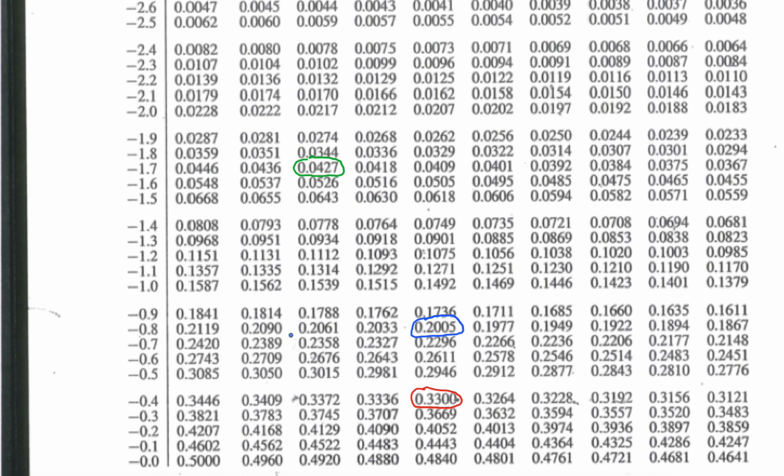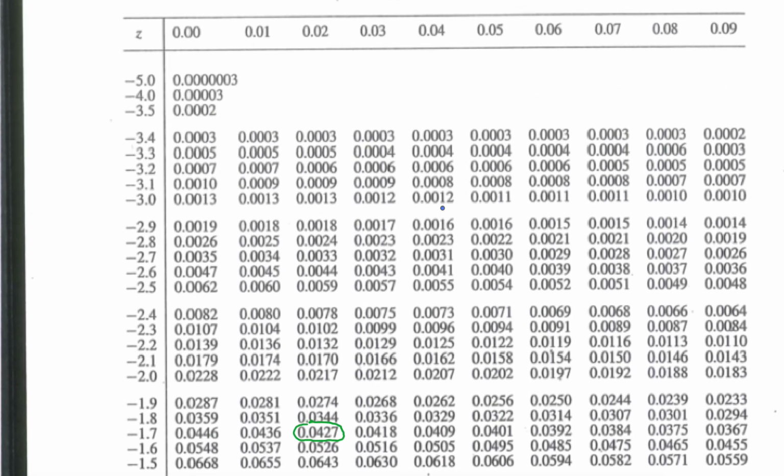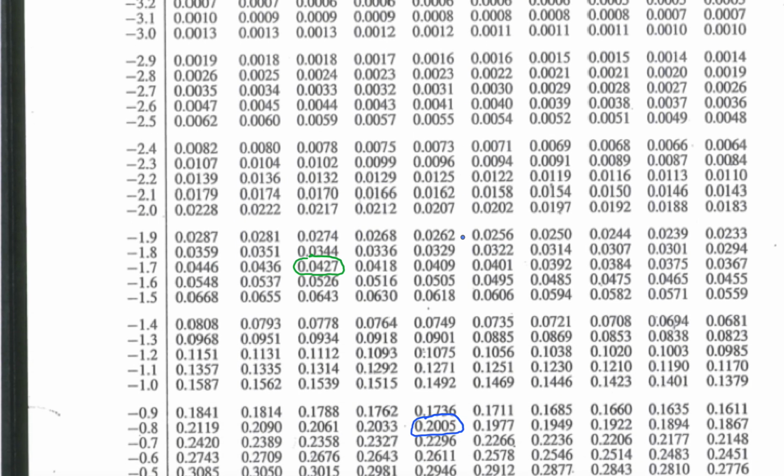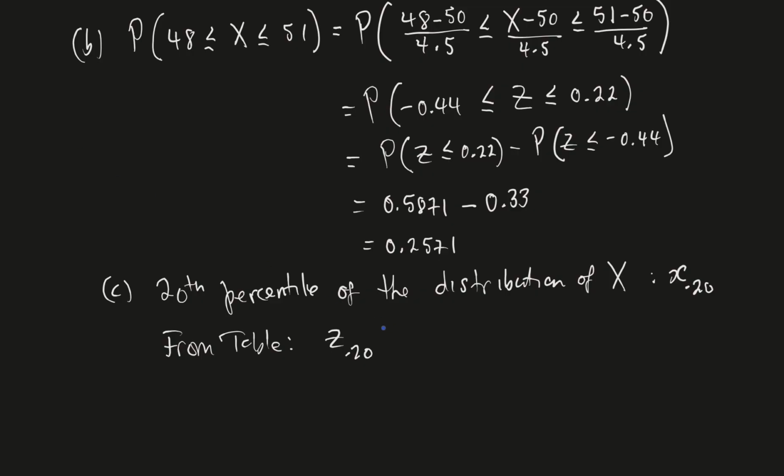So that ends up being negative 0.84, because this is our 4 column. Let's just go back up and verify. I'm pretty sure that was our 0.04 column. Yep, there it is. So the closest we can get is this. So our z sub 0.2 is negative 0.84. Let's write that down.